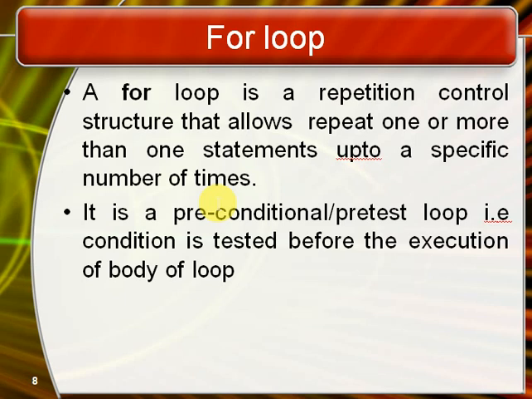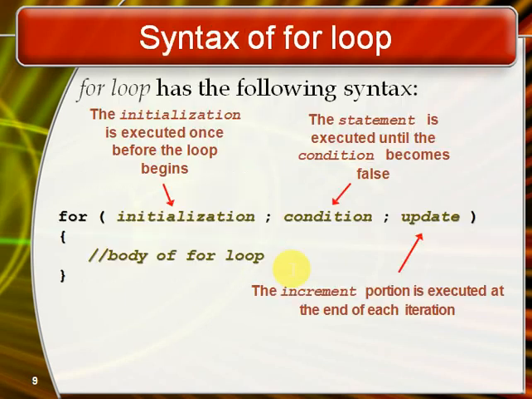For loop. A for loop is a repetition control structure that allows us to repeat one or more statements up to a specific number of times. It is a preconditional or pre-test loop, that is, the condition is tested before the execution of the body of the loop. Syntax of for loop.